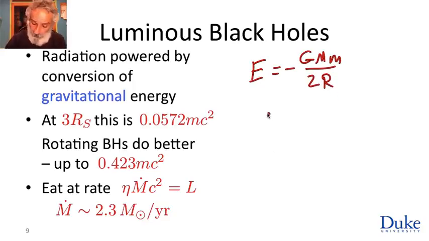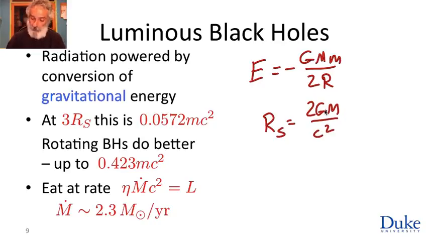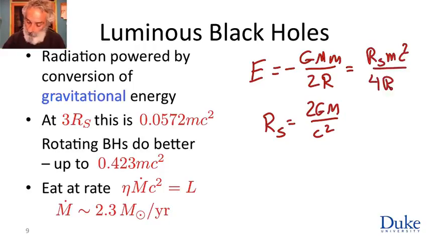I can use my relation that says Rs, the Schwarzschild radius, is 2GM over c squared, to replace GM by Rs c squared over 2. So this is Rs m c squared over 4r. So at the Schwarzschild radius, by this non-relativistic calculation, you'd predict that your binding energy is of the order of about a quarter of your rest mass.